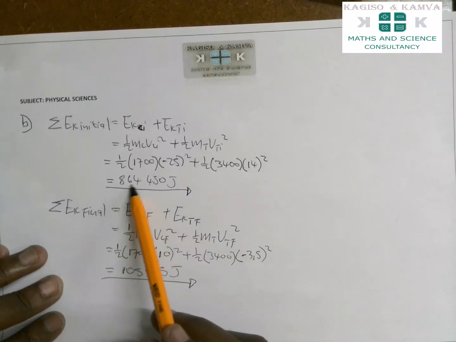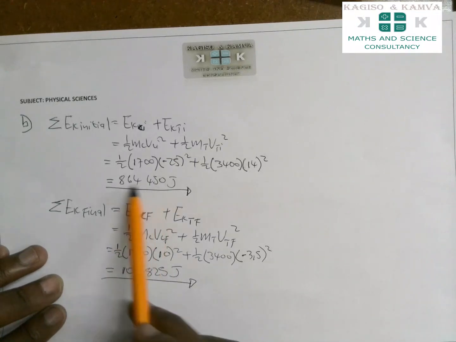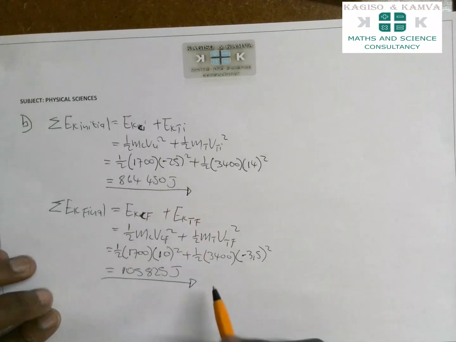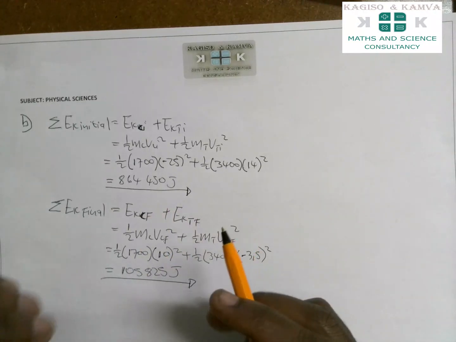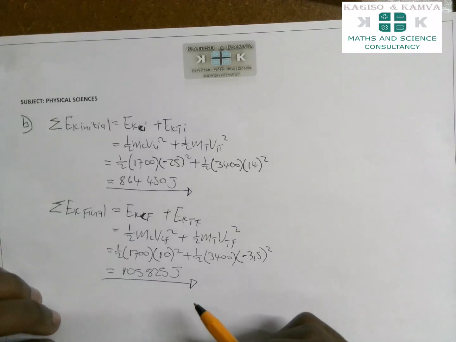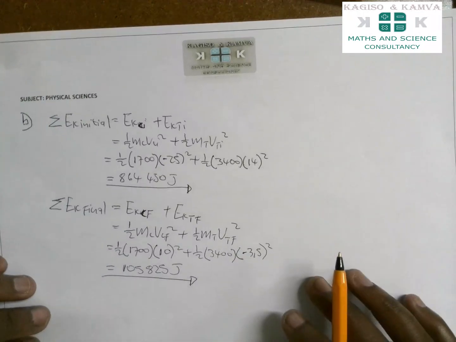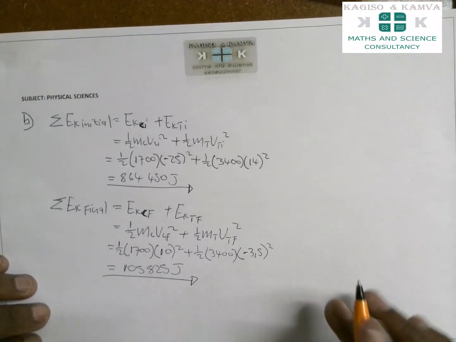From here we can see that here we had 864,450, and now we have 105,825 joules. Where did some of the energy go? Some of the energy was converted into other forms of energy such as sound, heat and light, and it was also used for the deformation of the car and the truck.